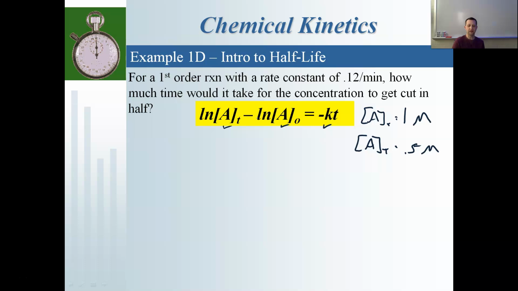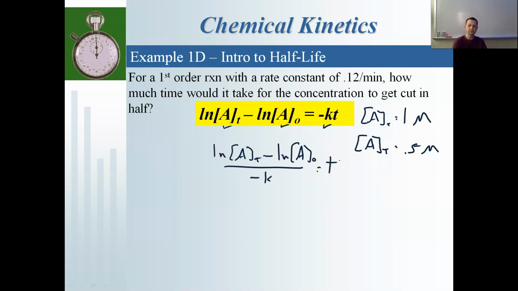We just did that on the last problem, so let's rearrange this and solve for time. Again, natural log of A sub t minus natural log of A sub 0, over negative k, equals my time.